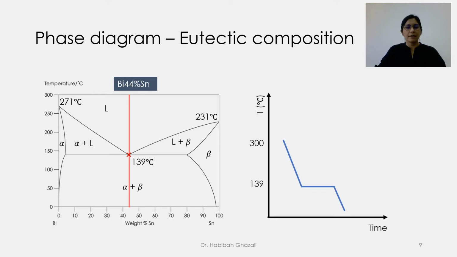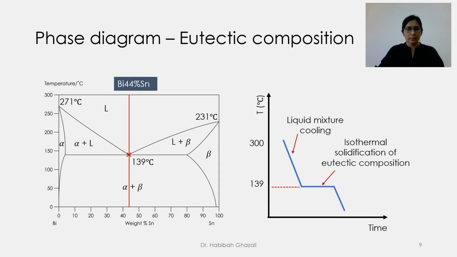Above 139 degrees Celsius, everything will still be in liquid form. As soon as it touches 139 degrees Celsius, solidification of the eutectic alloy will start to form. This solidification happens as an isothermal solidification reaction.